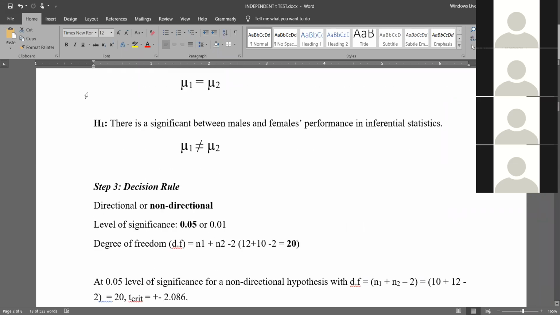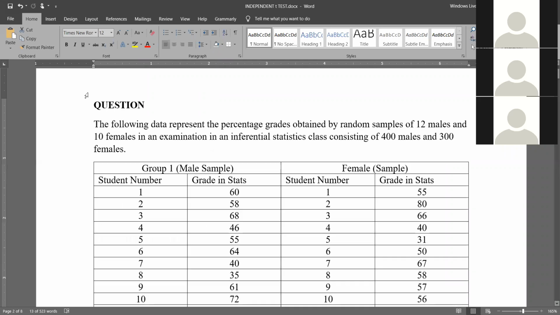So that's why we selected non-directional. And the reason I'm saying it is 0.05 is because they didn't highlight it in the question, so we assume that its level of significance is 0.05. Then with degree of freedom, this is the formula. N1 is for the total number of people in group 1, N2, total number of people in group 2. You check from the question, it has even been given to you.